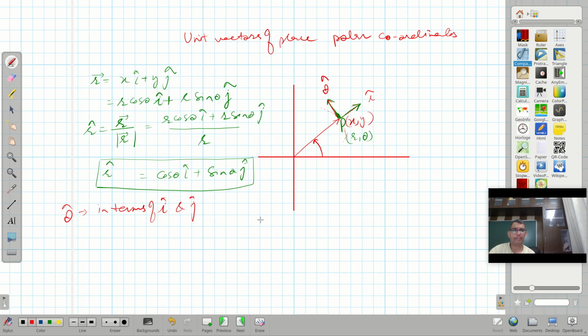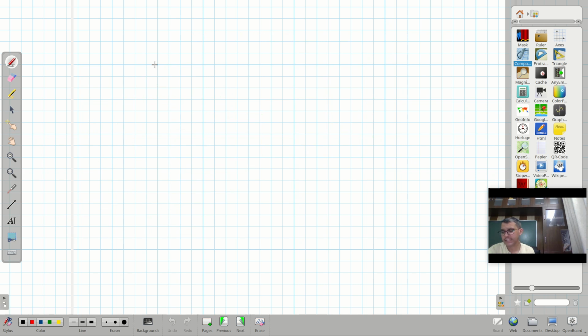So what is happening here in this case? This is our coordinate system which I am considering here.